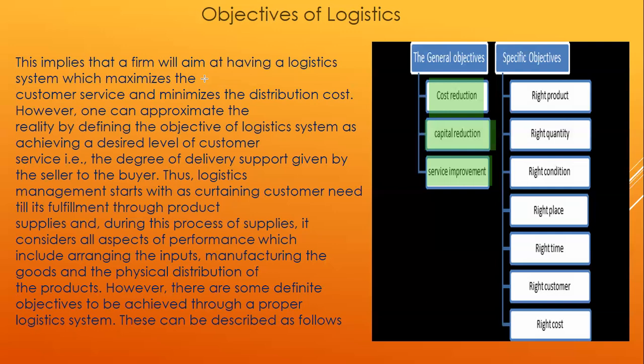However, you can approximate reality by defining the objective of the logistic system as achieving the desired level of customer service, the degree of delivery support given by the seller to the buyer. Thus, logistic management starts with accepting customer needs and fulfilling them through product supply.